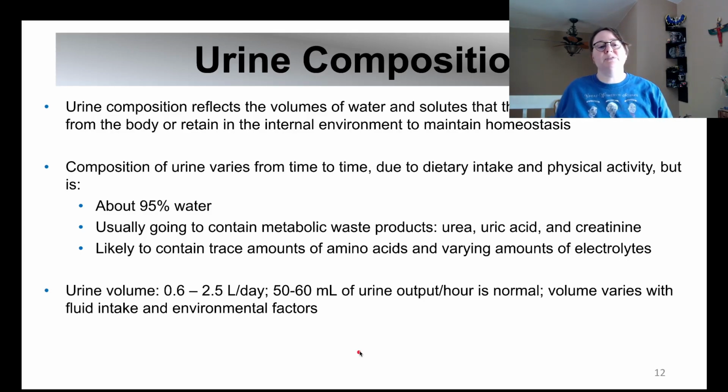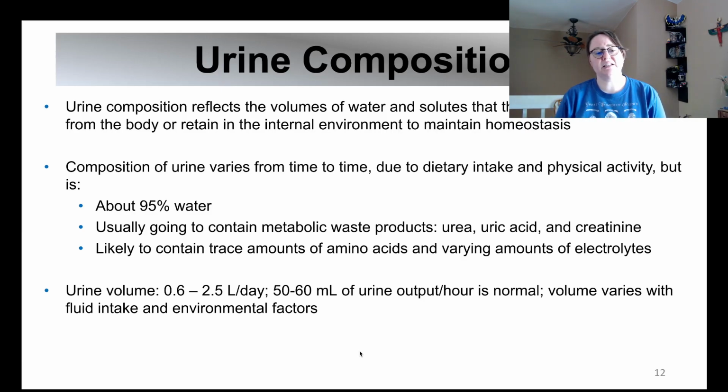All right, so urine composition. What is your urine made up of? Basically, it reflects the volumes of water and solutes the kidneys must eliminate for the body to maintain an internal environment for homeostasis. In other words, it controls our pH. The composition of urine varies due to dietary intake and physical activity, but it's usually about 95% water. It's going to contain metabolic waste products like urea, uric acid, and creatinine.